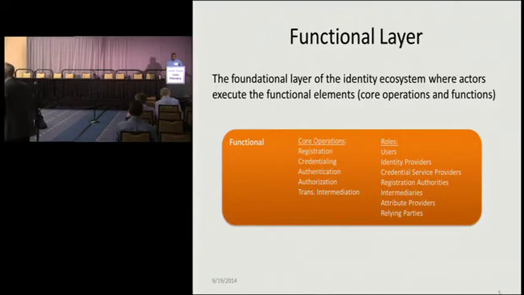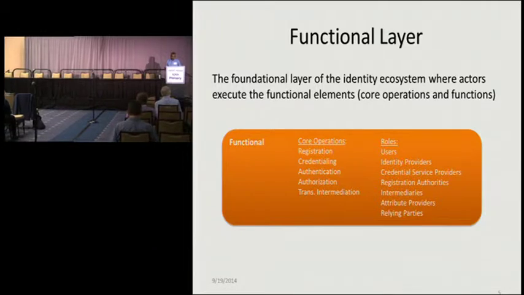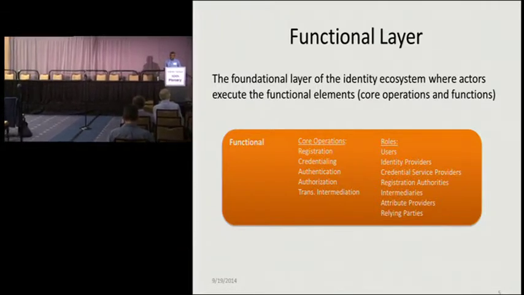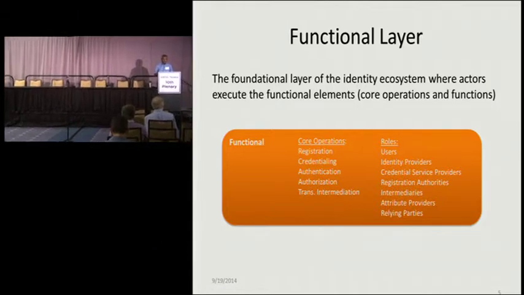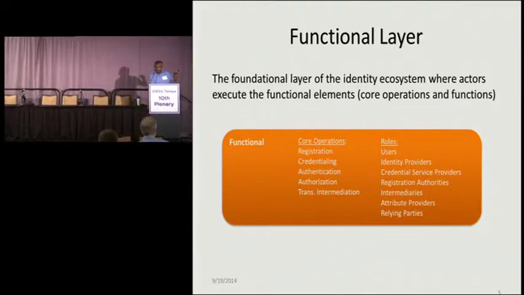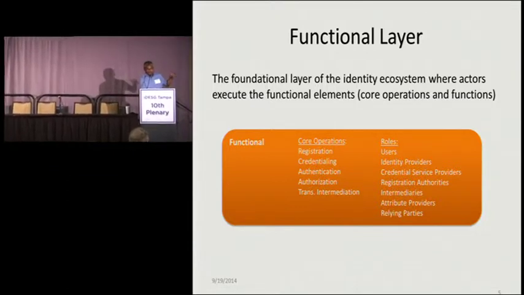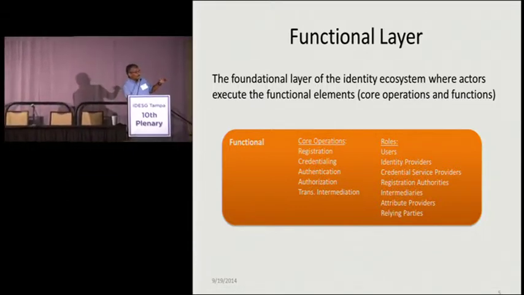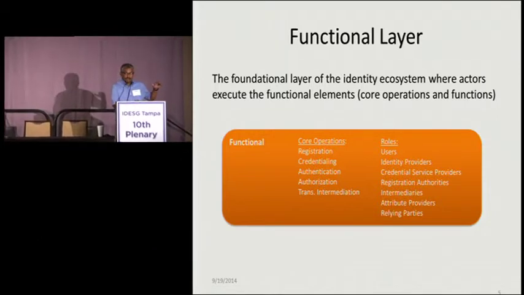Yeah, I think that's a good point. It also exposes the need to clarify this layer versus the other layers. So we said that we have different layers of the functions that the ecosystem provides. This particular layer is called the functional layer, but these are the core functions, the core operations.